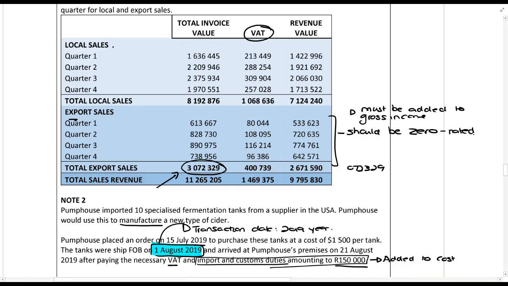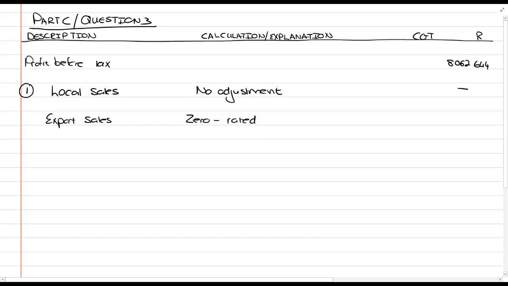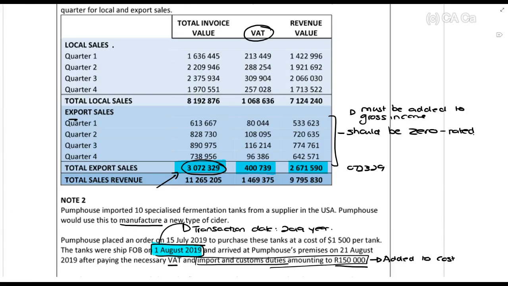So they've only included that amount. So how do we get it to that amount? By adding the VAT, 400,739.